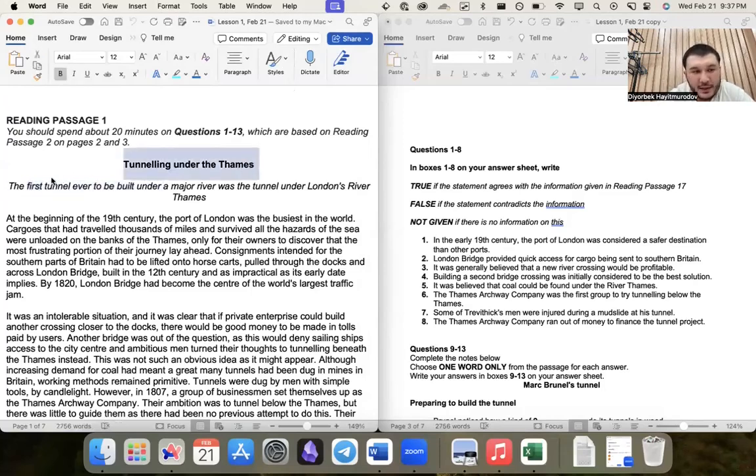First of all, you read the title, then you read the subtitle, because before you go to the questions, you should have an idea of what you're reading about. So, Tunneling Under the Thames. Everybody knows what a tunnel is. In Tashkent, Uzbekistan, we use tunnels a lot, right? Because somehow cars are more important than humans here, or in most cities nowadays.